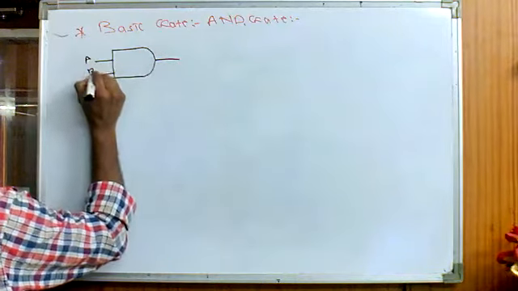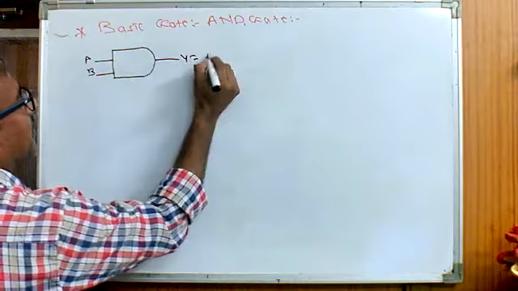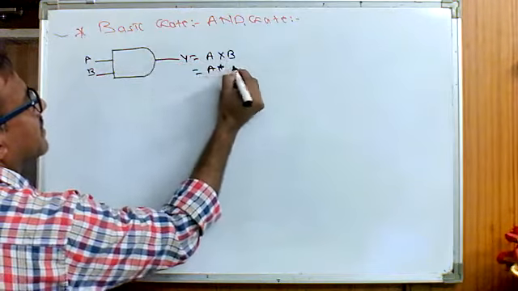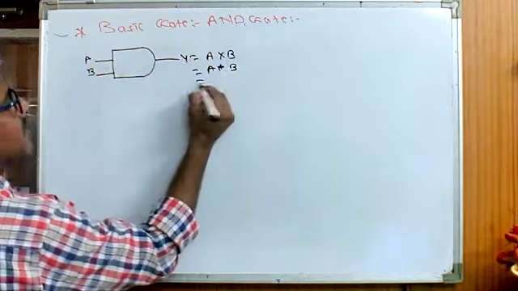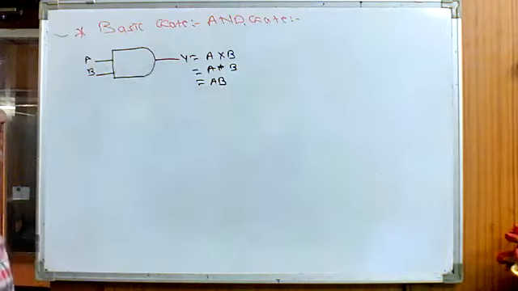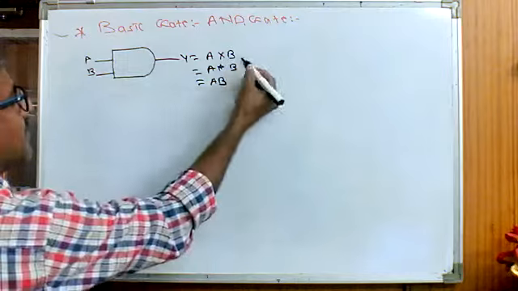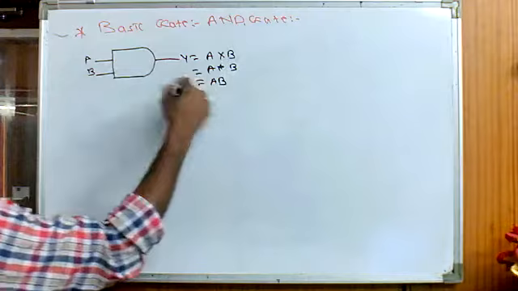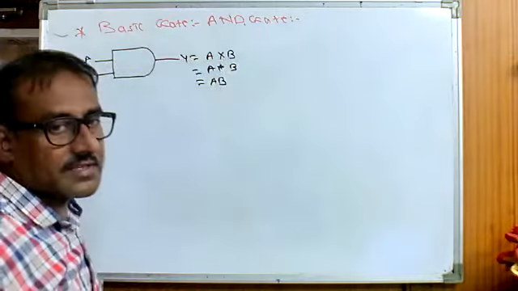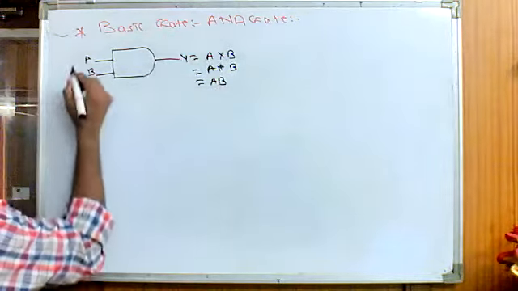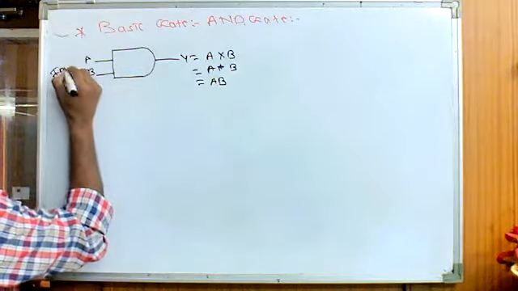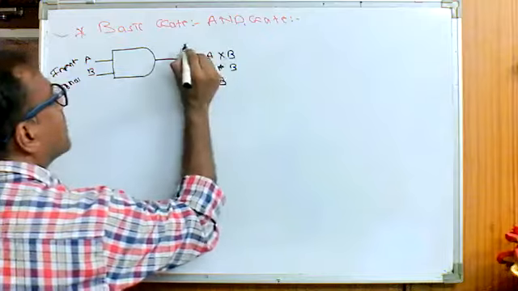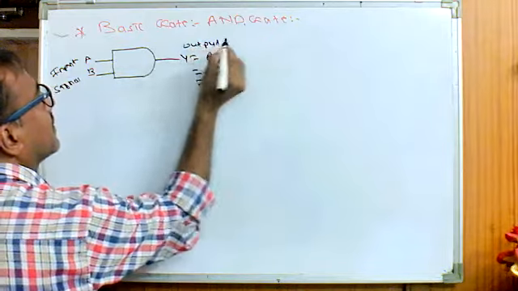Inputs A and B, and Y is equal to A multiply B. Same function: AB, A star B. Some books write it like this. These are the input signals, and this is the output signal.